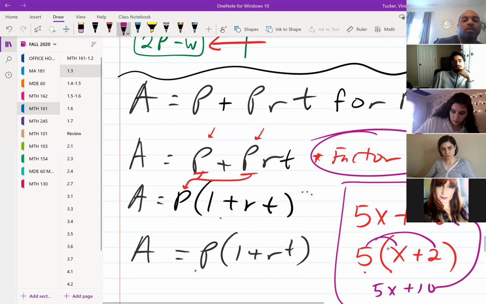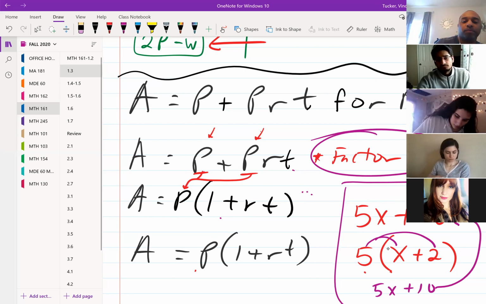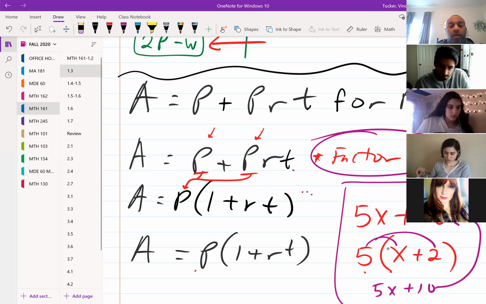Just to reiterate, that represents the original expression. P times 1 is P, P times RT is PRT. So that's still this expression right here. It's just in a factored form. All right.